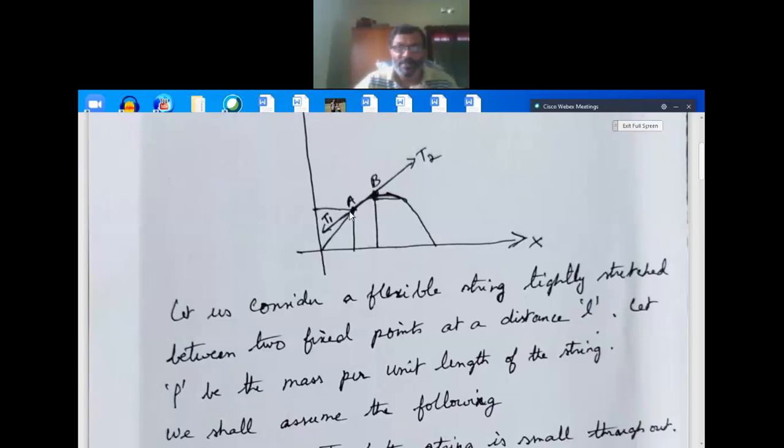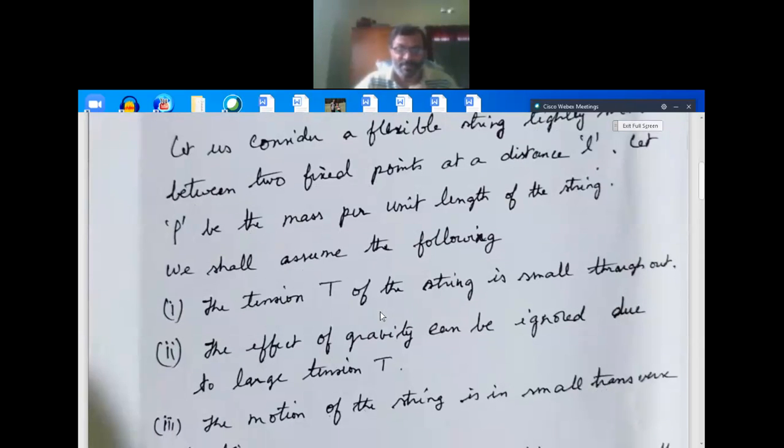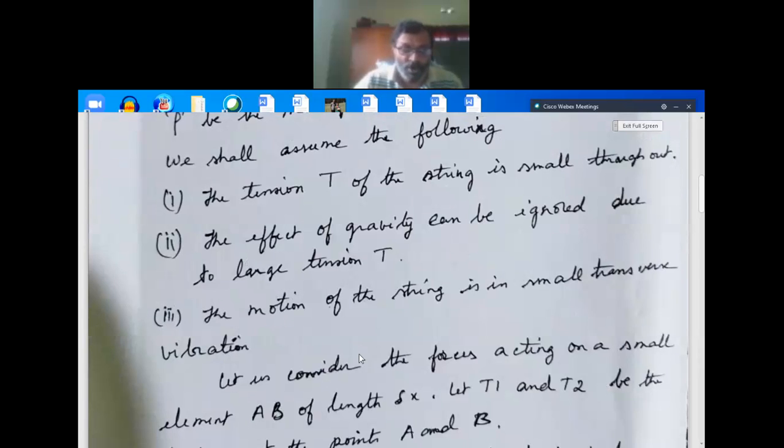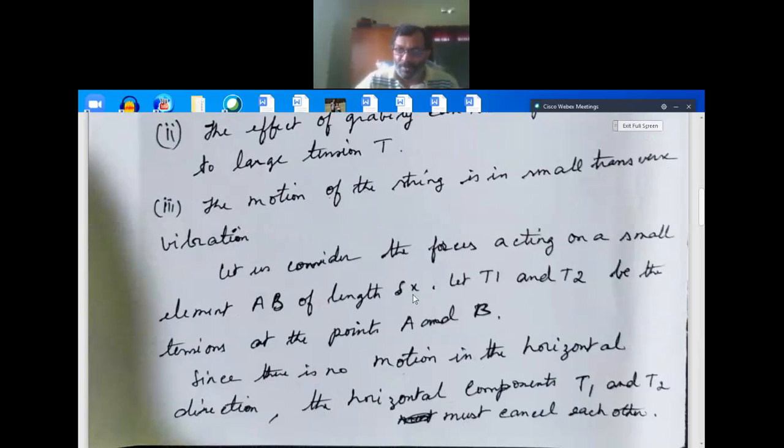You cannot miss any statement here. The forces are acting on a very small length AB of length delta x. Let T1 and T2 be the tensions at the points A and B respectively.